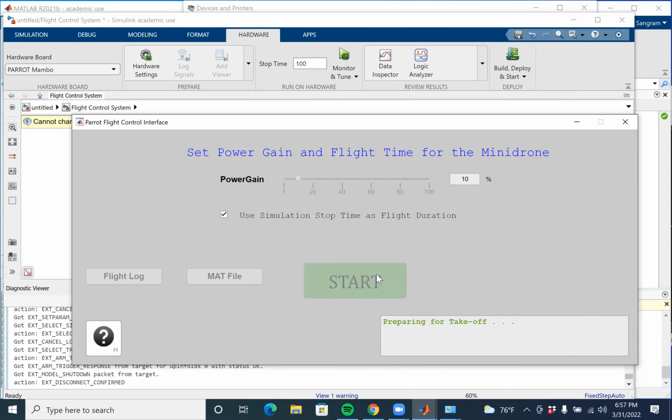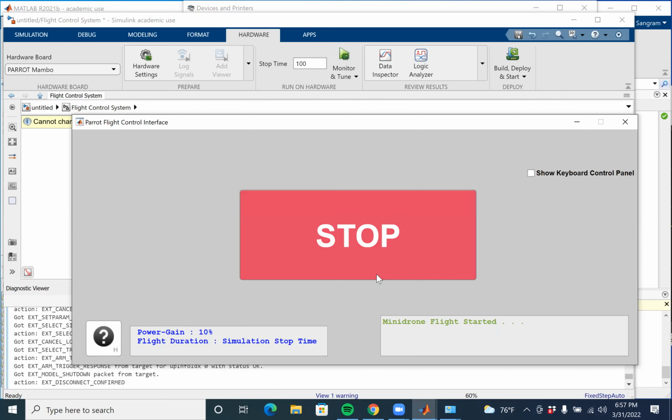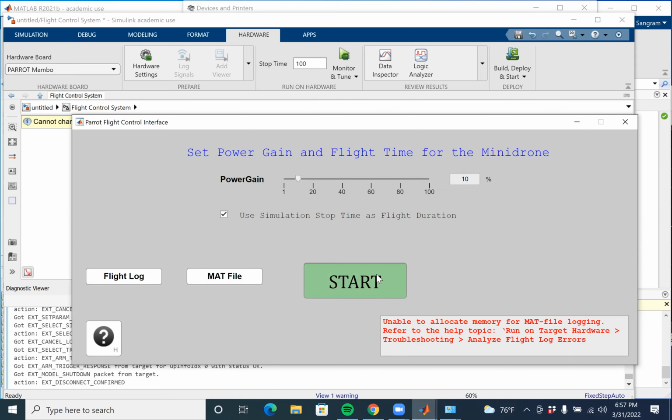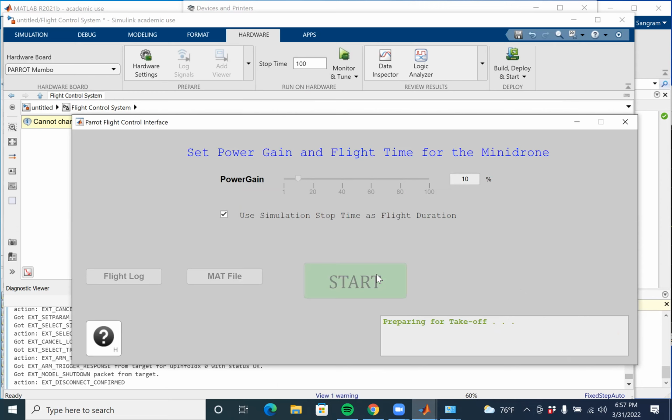It depends upon the drone structure. The motor mixing algorithm, yeah, motor 2 counterclockwise. Motor 3 clockwise. And motor 4 should be counterclockwise.